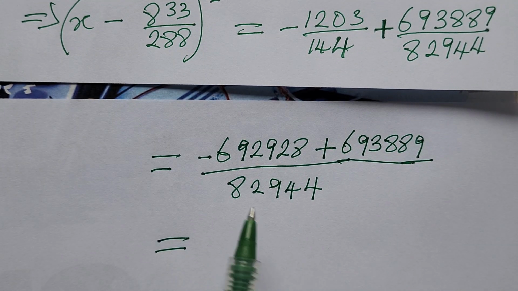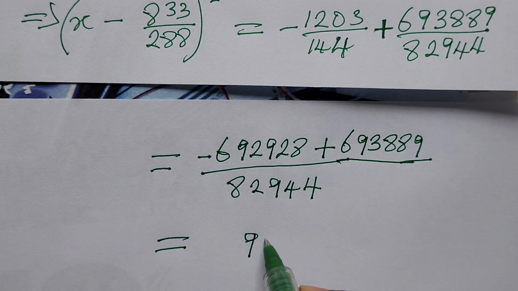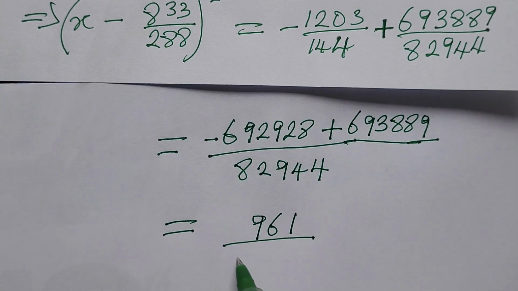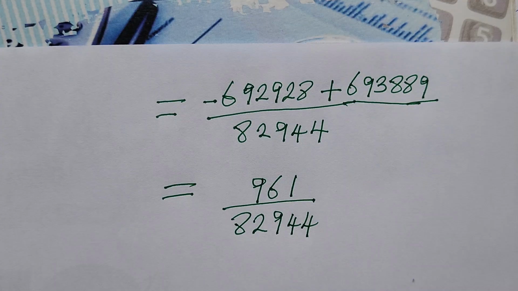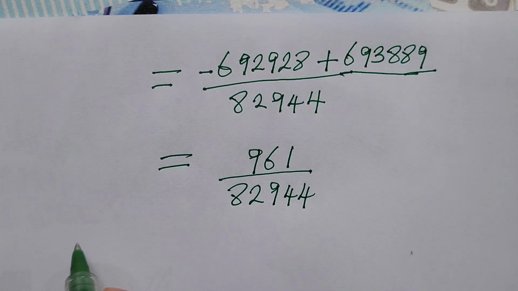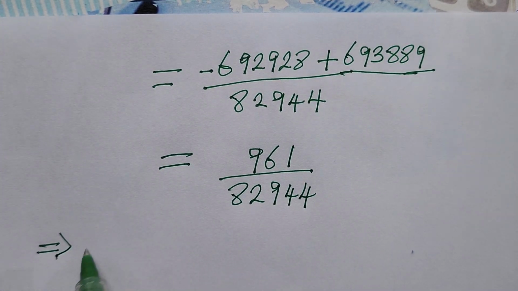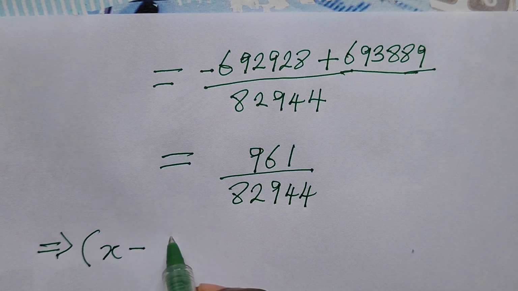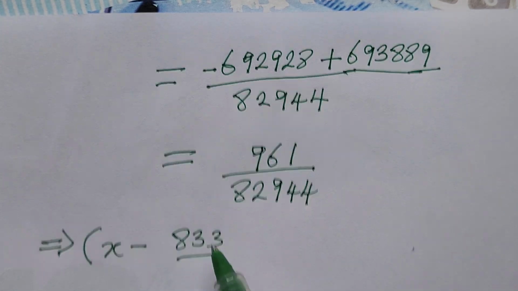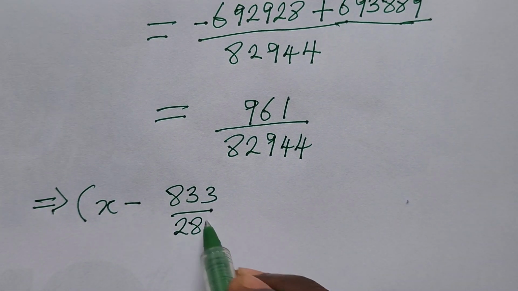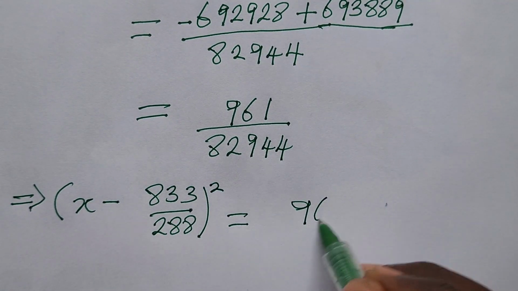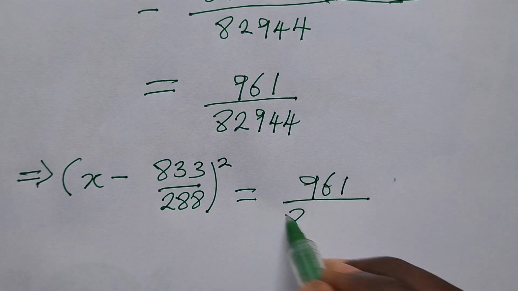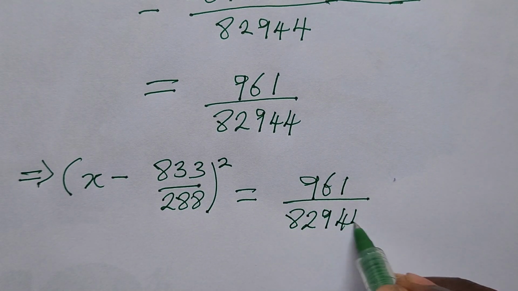So if we subtract this from this expression we have here, we're left with 961 all over the denominator, which is 82944. So we can bring this side of our equation now. So everything together, this now implies bracket our x minus our 833 all over our 288 close bracket squared is equal to our 961 all over 82944.